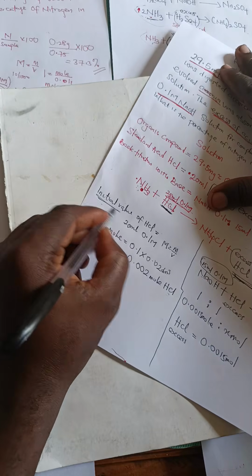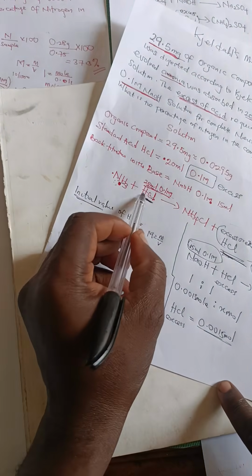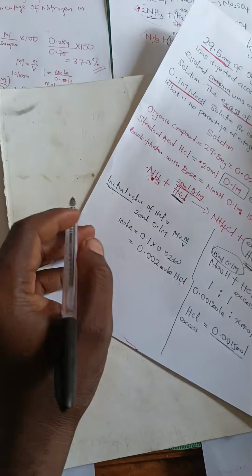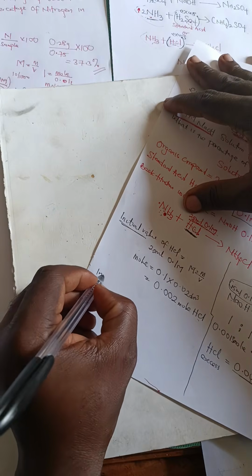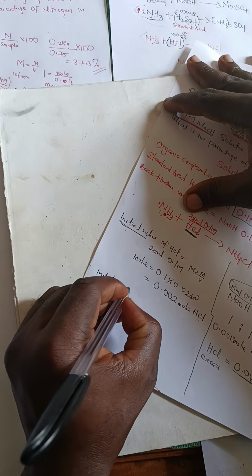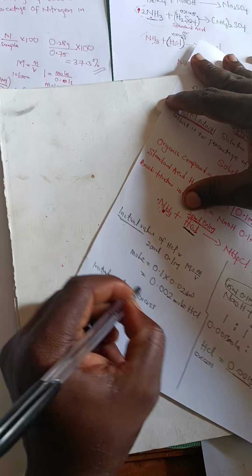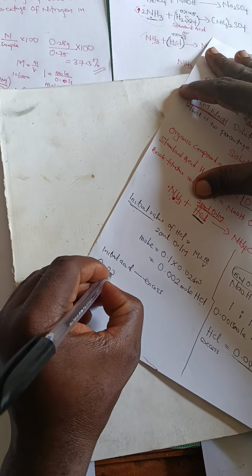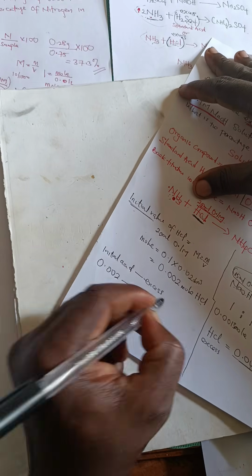This is the original, this is the excess, this is what remained after it reacted. So I can now say initial acid minus the excess, that will now be what? 0.002 minus 0.0015.